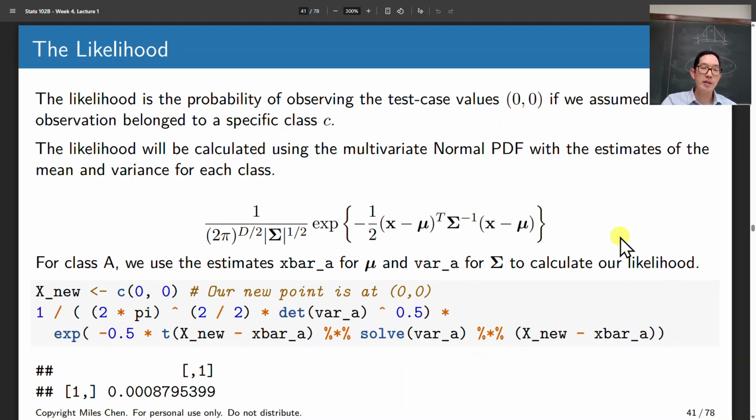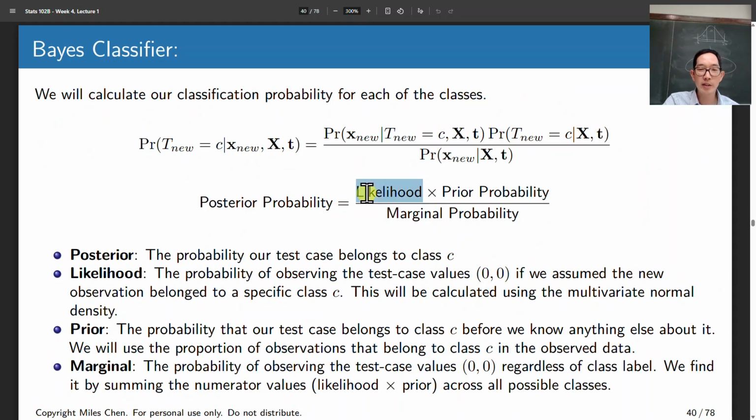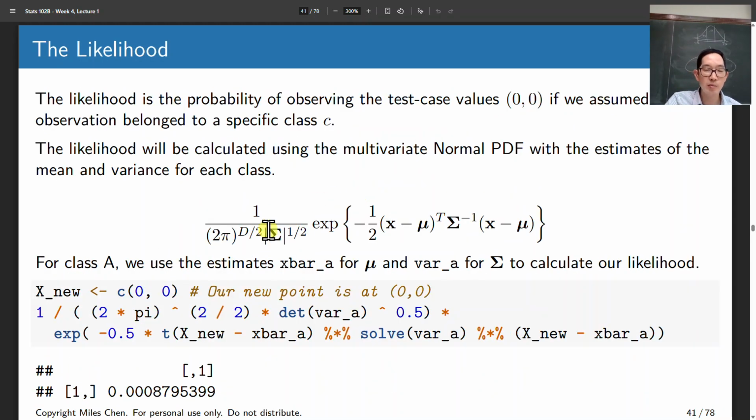As far as calculating the likelihood, we're going to use the multivariate normal density. And so here, our observation is 0, 0, and we're going to treat that as a vector. Then to calculate this, I would do 1 divided by 2 times pi raised to the d, where d is the number of dimensions, so raised to the 2/2.